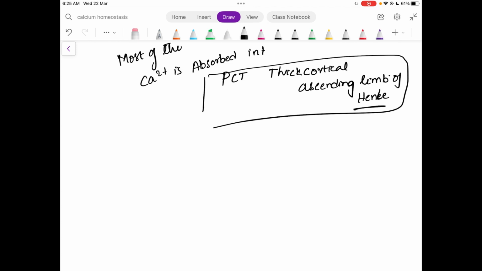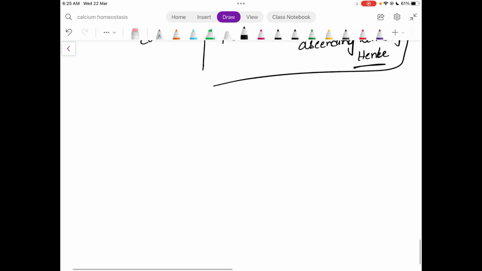With the absorption of calcium, the lumen will become more negative, that means more negative charge. A lot of calcium is absorbed in the PCT and thick ascending limb, so the calcium levels will be decreased and the charge will also be decreased.